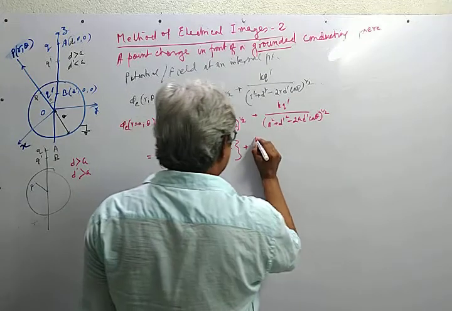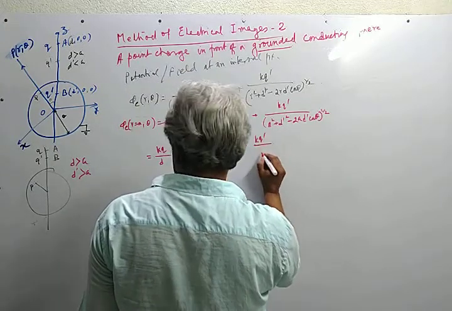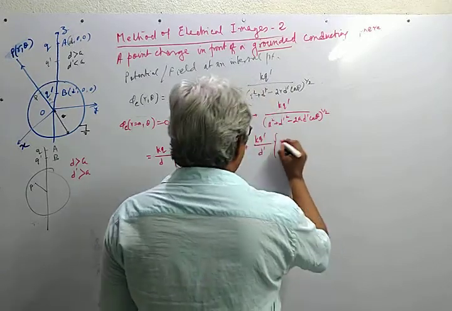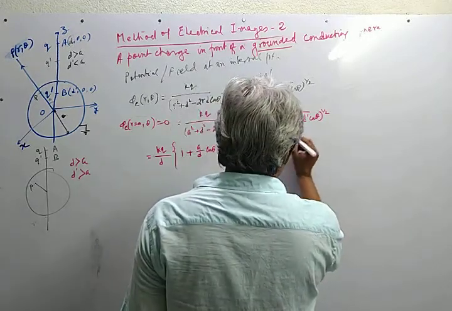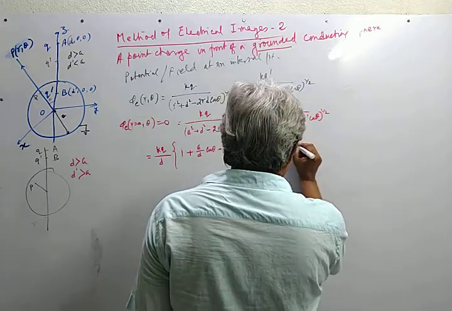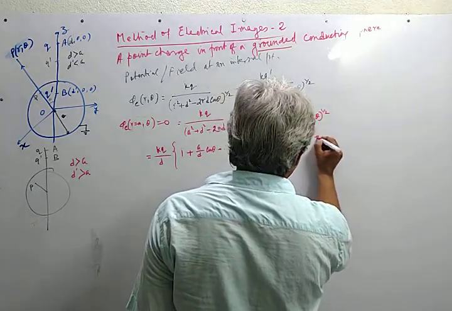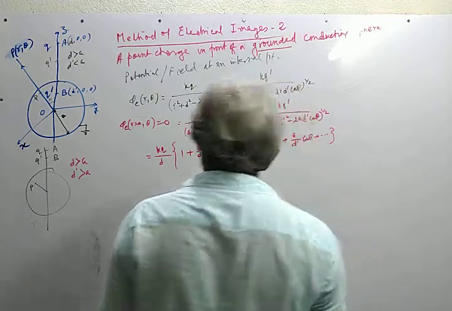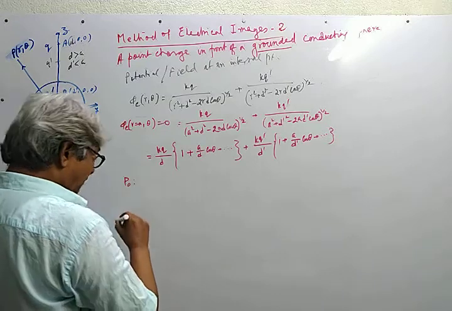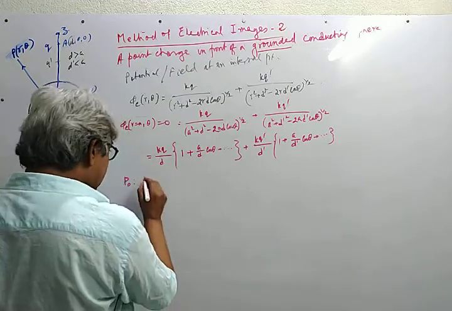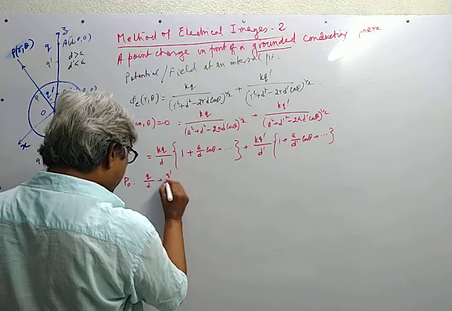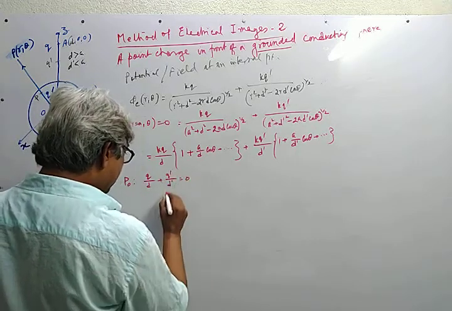For the second term it is kq prime by d prime times 1 plus a by d prime cos theta plus higher order terms. If we compare the coefficient of the Legendre polynomial of order 0, this gives you q by d plus q prime by d prime equal to 0.